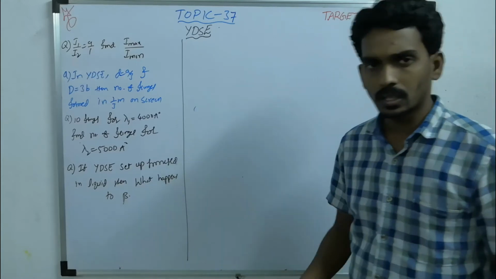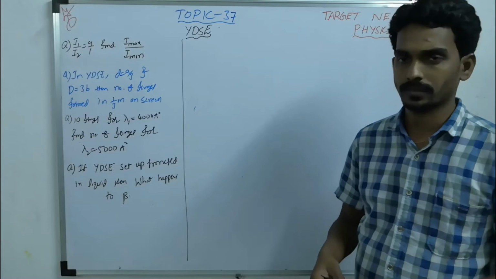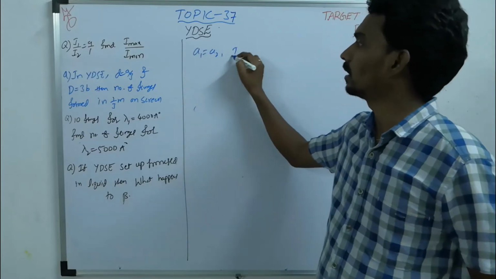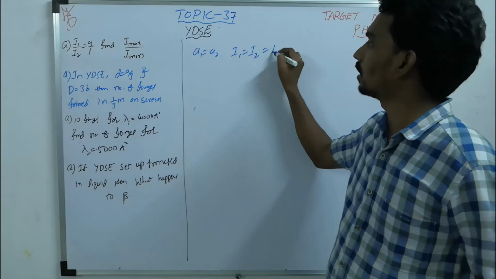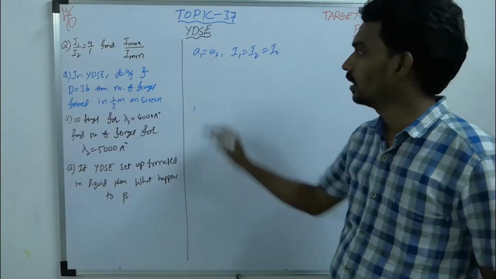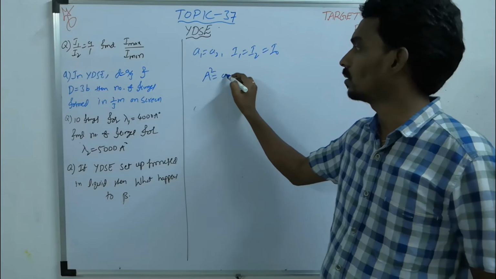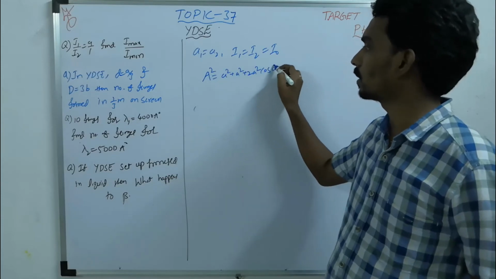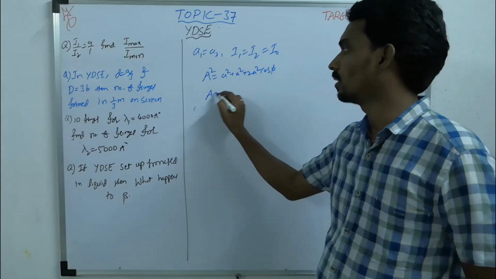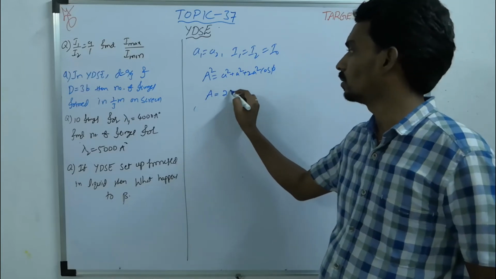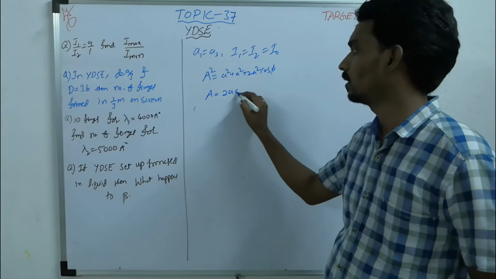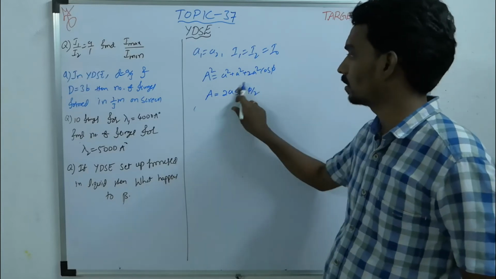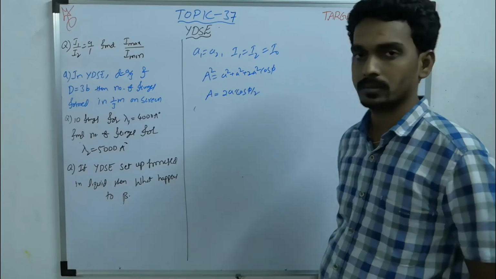But if you consider specifically interference, then we are talking about amplitudes being equal, so intensities are equal. Let's take I naught. Then A square equals A square plus A square plus 2A square cos phi. Then A equals 2A cos phi by 2.